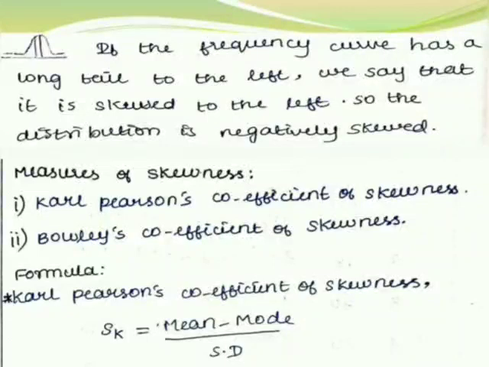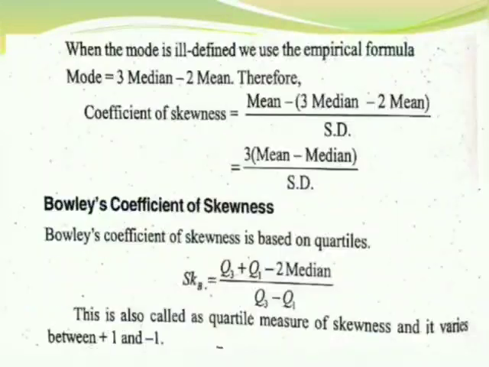In Karl Pearson's coefficient of skewness, we have one more formula. When the mode is ill-defined, we use the empirical formula. If in a question we are not able to find the mode value, then we have to use this formula. By the empirical formula, mode is equal to 3 median minus 2 mean.